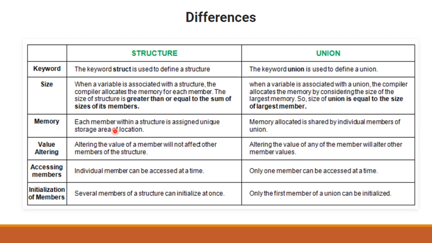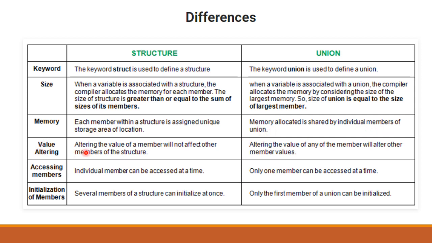Each member within a structure is assigned a unique storage location. So each and every element is stored at a different location, whereas in a union, the allocated memory is shared by the individual members of the union.